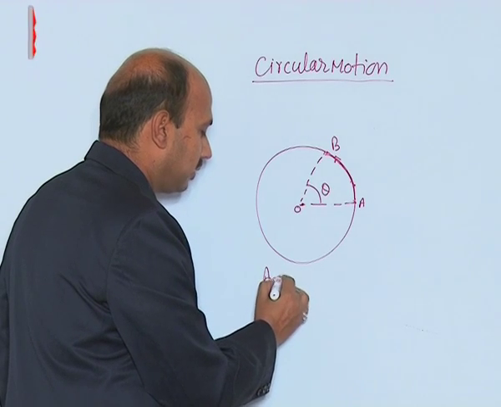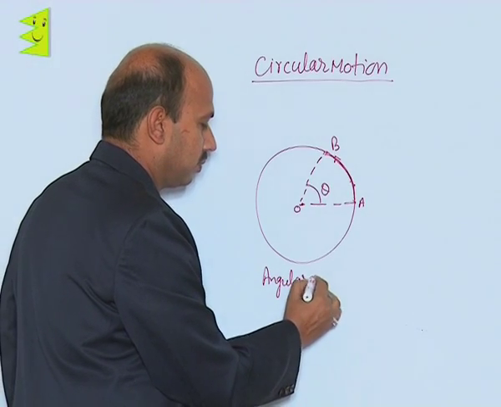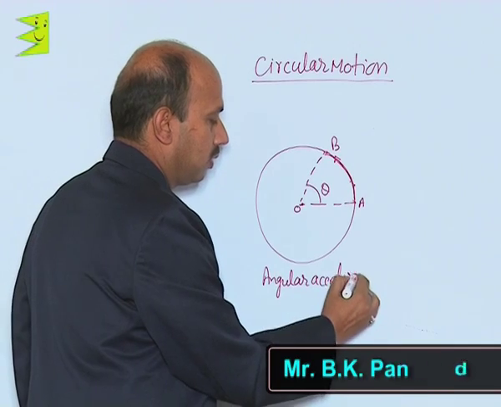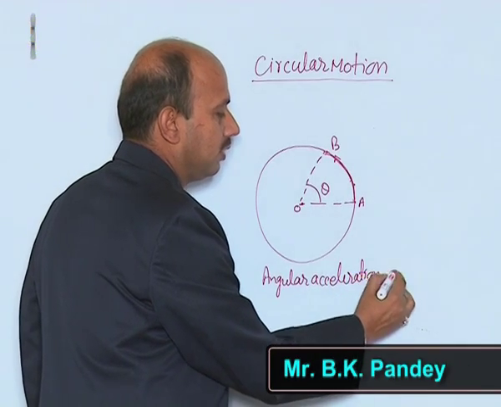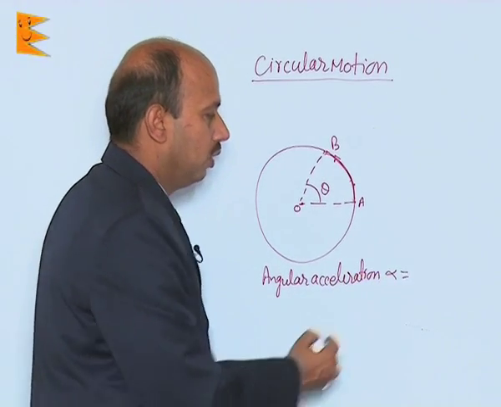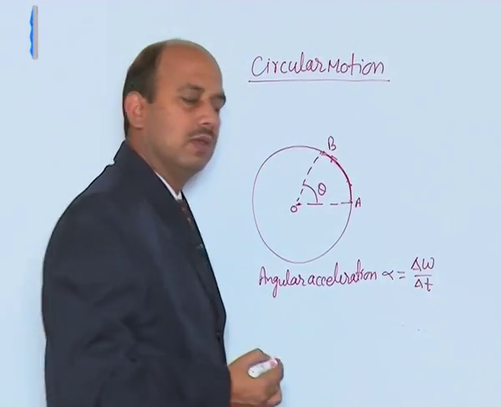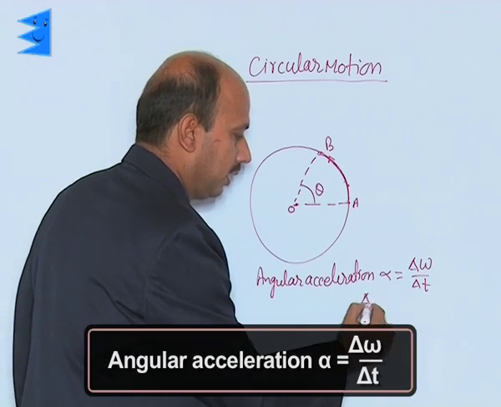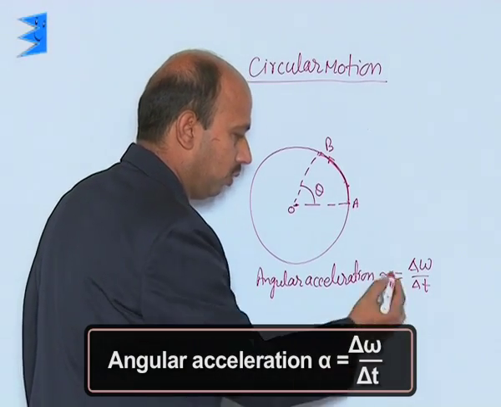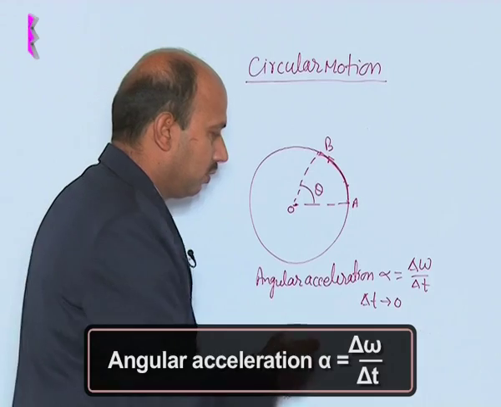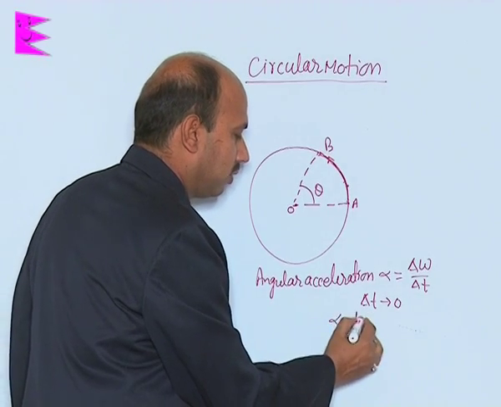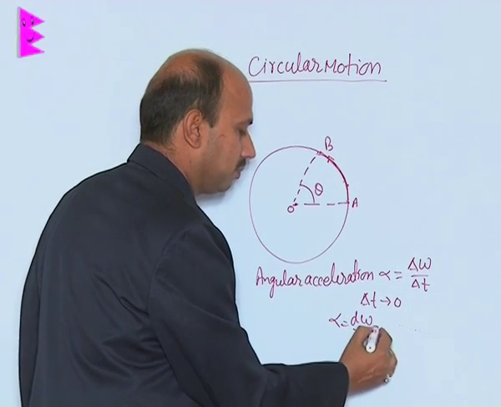Angular acceleration alpha is equal to the change in angular velocity divided by the time interval. If we take delta t tending to 0, that means a very small time interval, we can write alpha is equal to d omega upon dt.